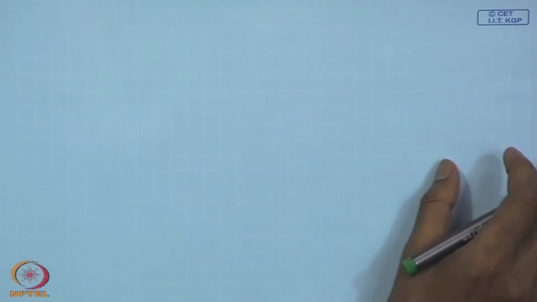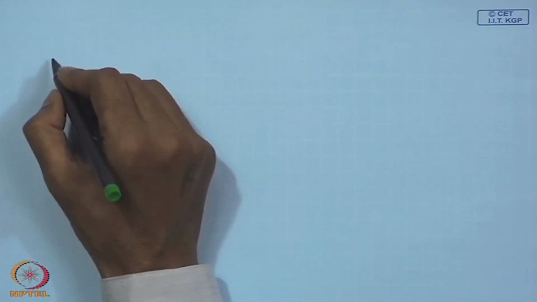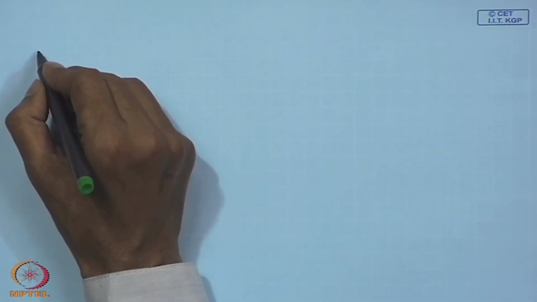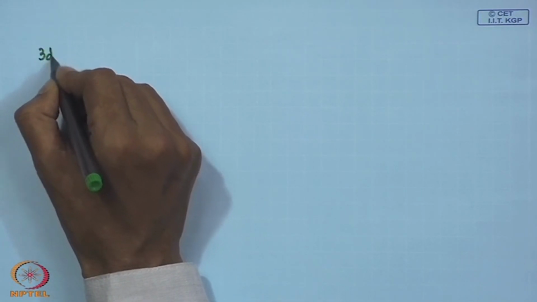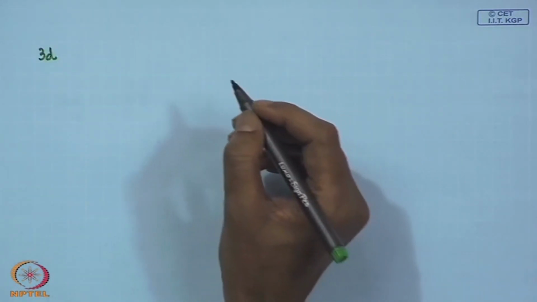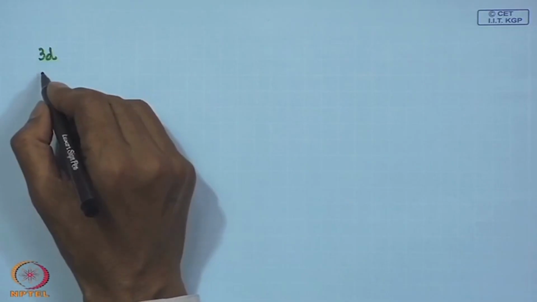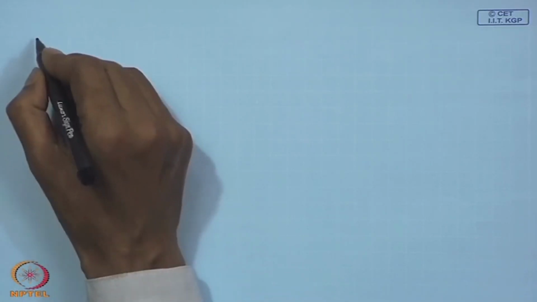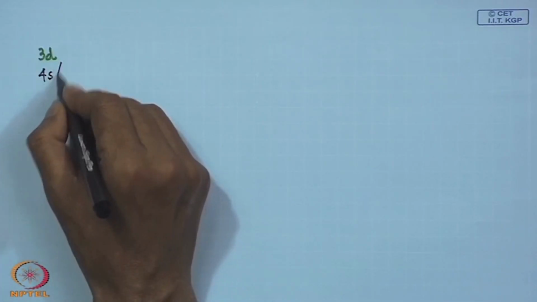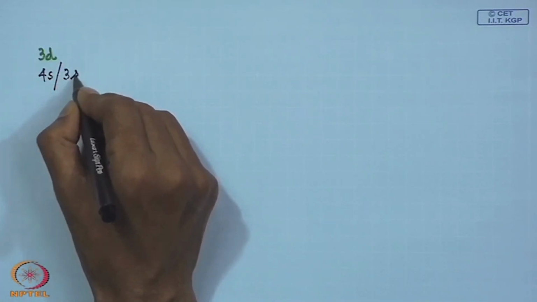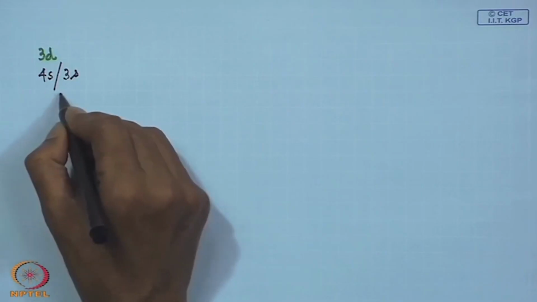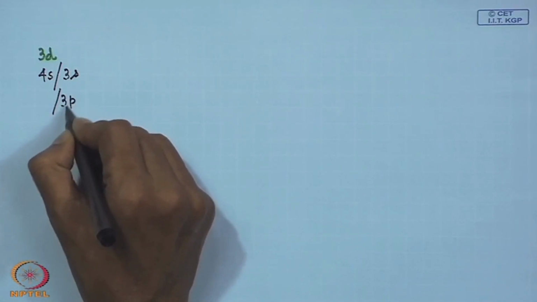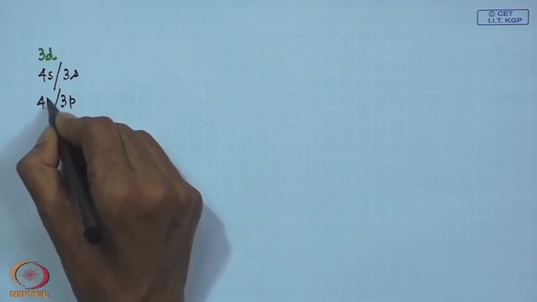So what happens is that while talking about crystal field theory, we have the 3d orbitals. Now, along with these 3d orbitals, we should have the other orbitals, that means the 4s orbital, or in some cases also the 3s orbital, 3p orbital or 4p orbital.